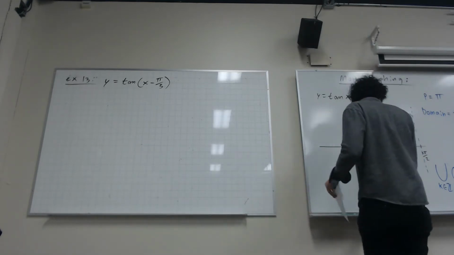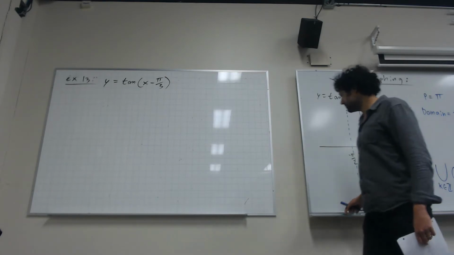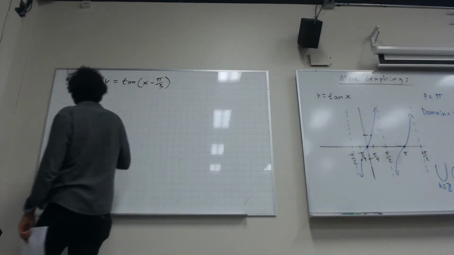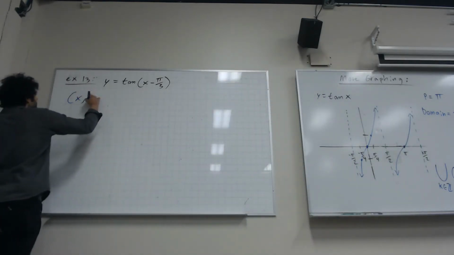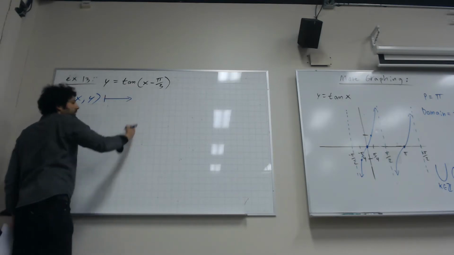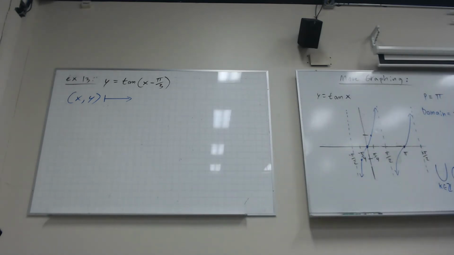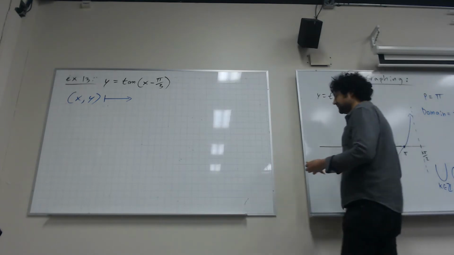First thing we're going to do is take some arbitrary point (x, y). Where is it going to go? The coordinate transformation. We take some point on the graph of tangent, like we were talking about last time.